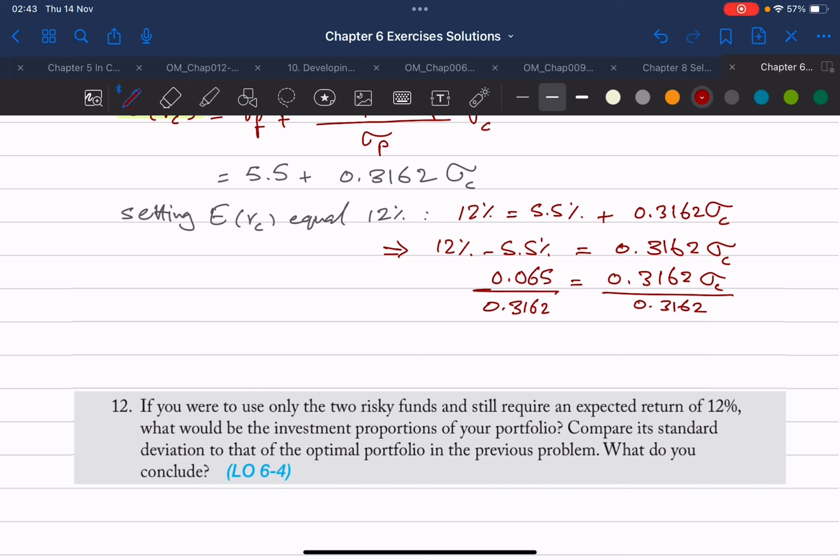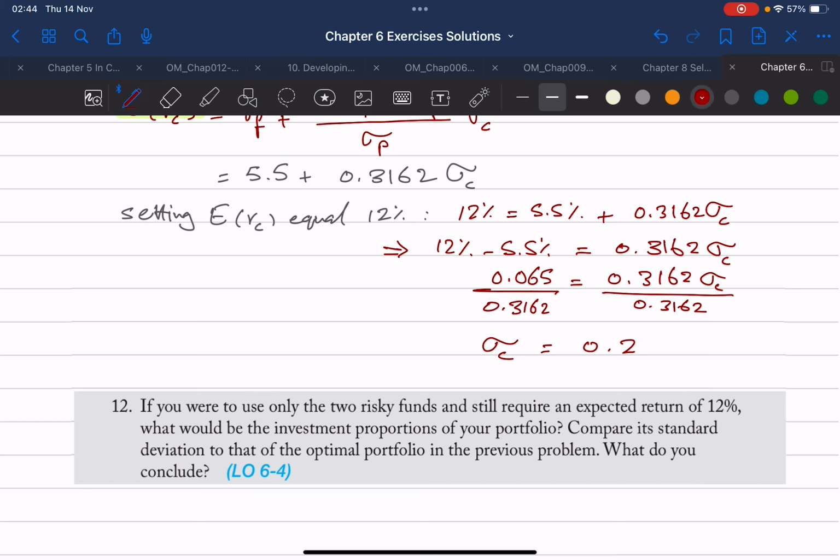And that has given me that the standard deviation of the complete portfolio equals 0.2556, something along those lines. Oh, sorry, my bad.